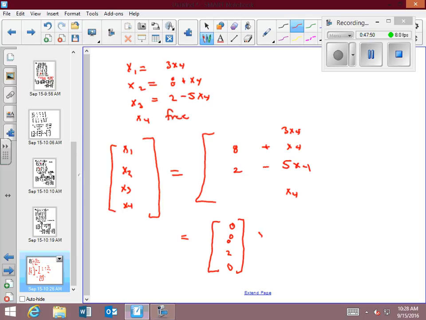And then we have this x4 times the weight vector 3, 1. But that's what we have.